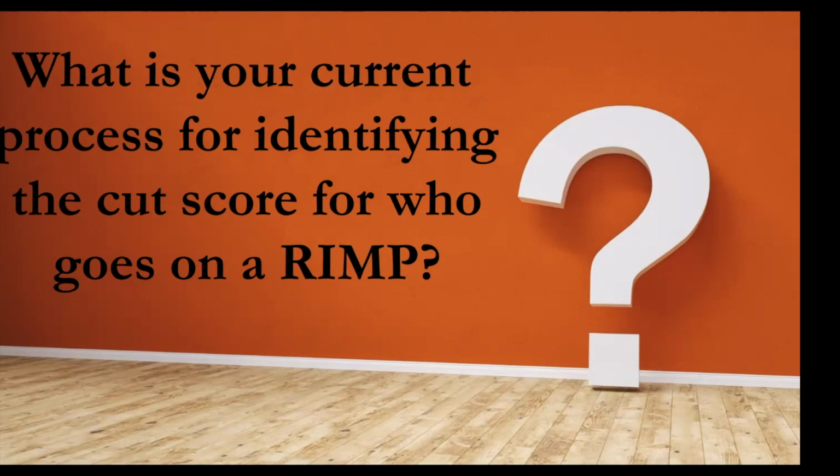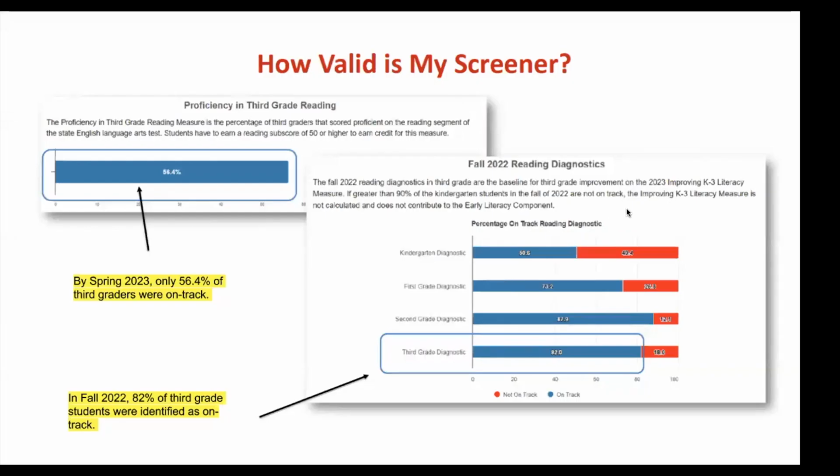If you don't know, it's okay just to say, I'm not sure who does that in our district. We just know that it's X, Y, or Z number. And while you guys are doing that, I'm going to turn it back over to Morgan.